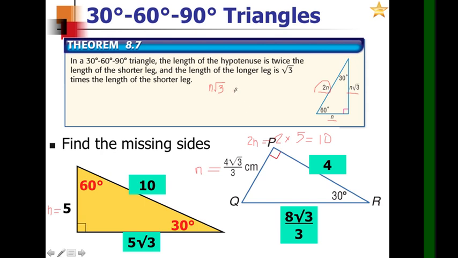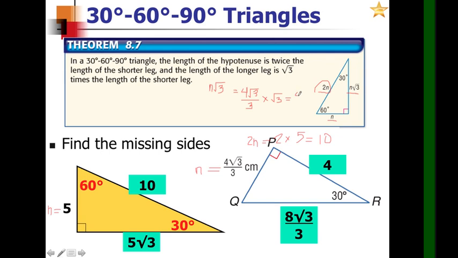So that's equal to 4 square root of 3 over 3. Then, this is n. Multiply it by square root of 3. Can you follow? As you all know, square root of 3 times square root of 3 is 3. Right? So we have 3 as our answer.